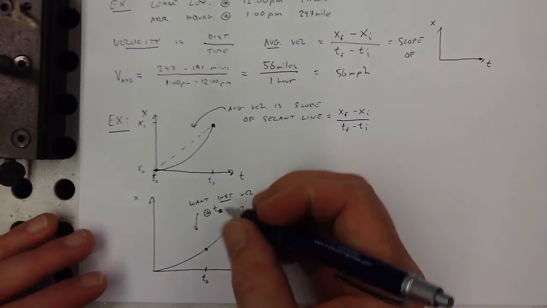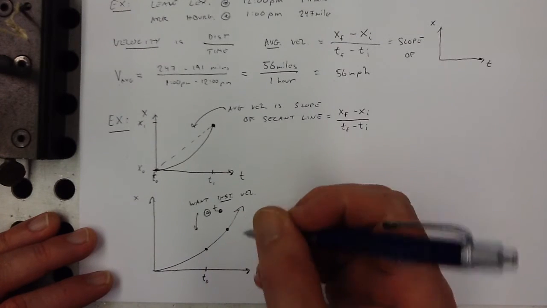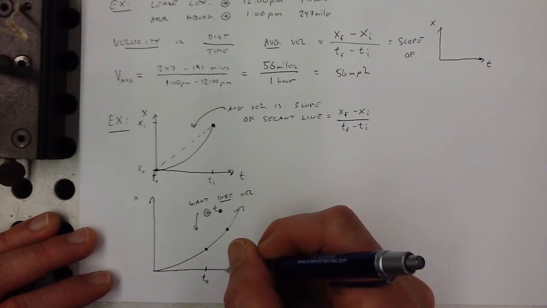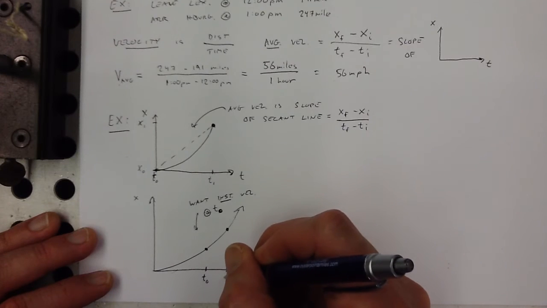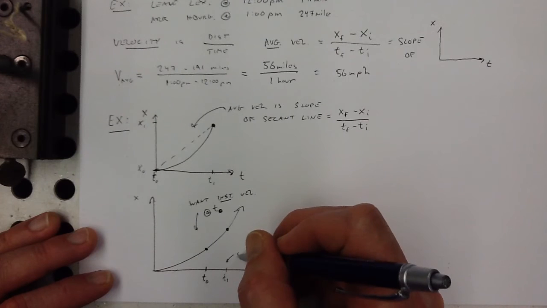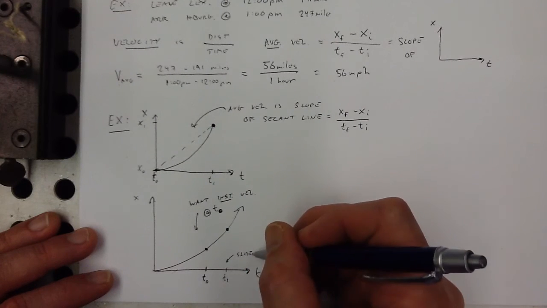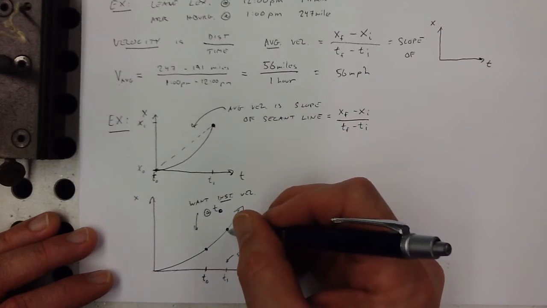And here is one way to do it. I'm going to pick another arbitrary point, t1, but we're going to let this point slide around. I'll call it the slider, why not?